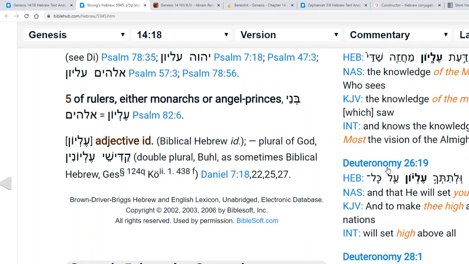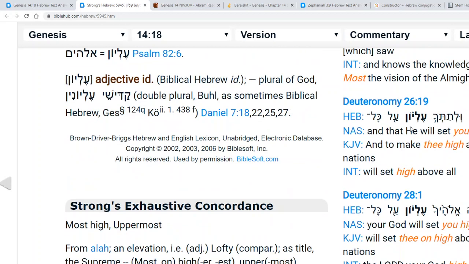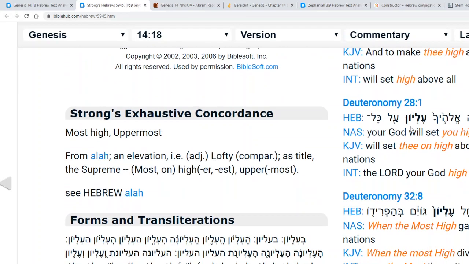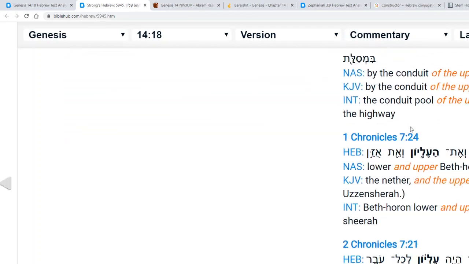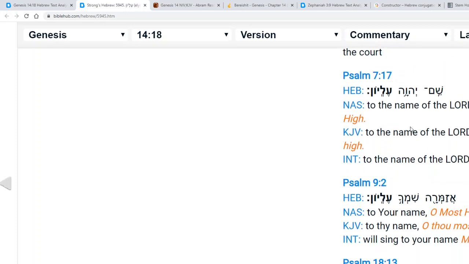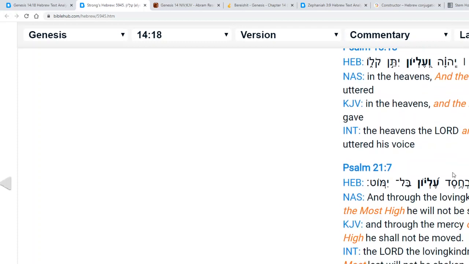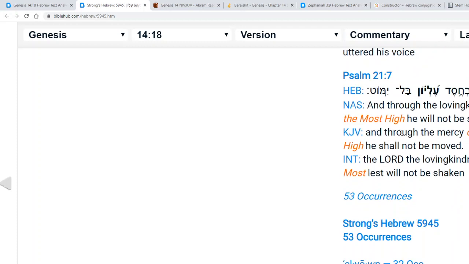It is also used in Dat Elyon, Numbers 24, you might want to look at. It's used quite a few times. I don't know if this is Shem Havaya Elyon, Shemcha, again Havaya Elyon, 53 times.